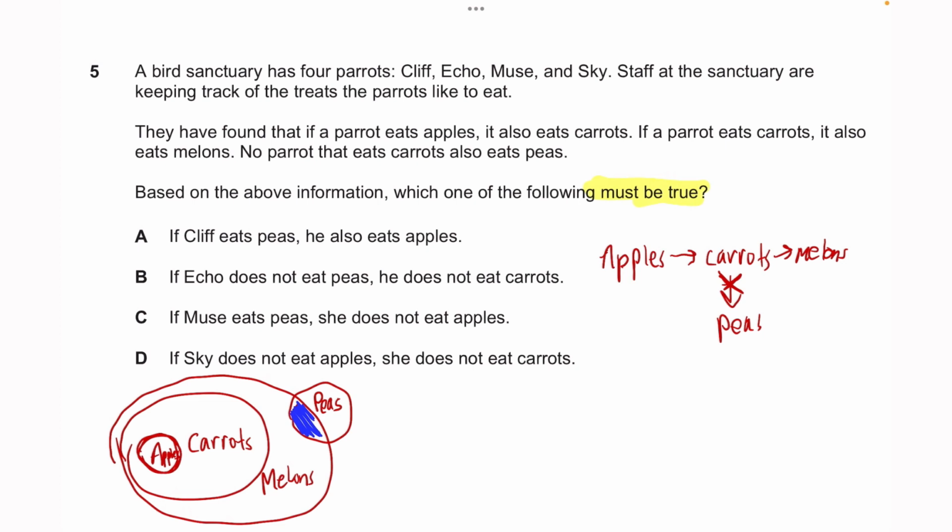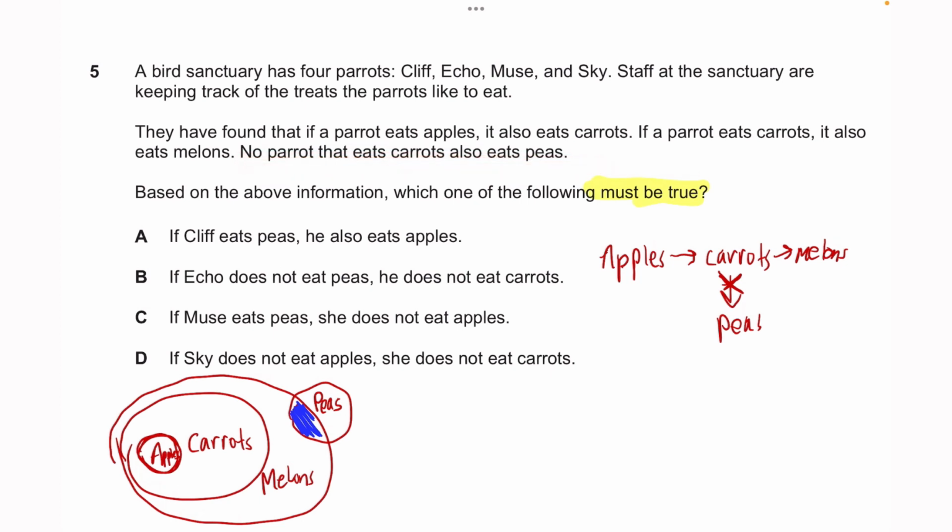Alright, so let's have a look at our statements to see which one follows through and which one might not, which of the following statements must be true. So we've got A, if Cliff eats peas, he also eats carrots. Now, we already know that no parrot that eats carrots also eats peas.